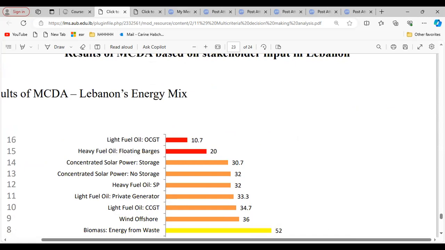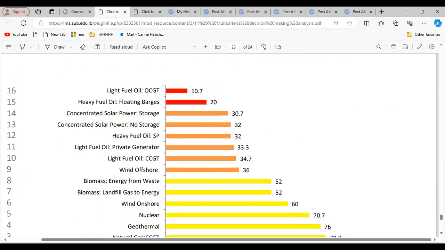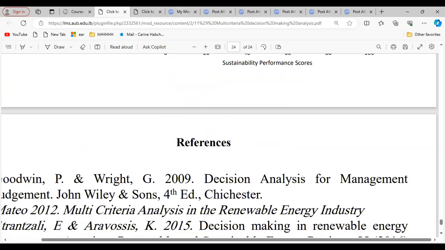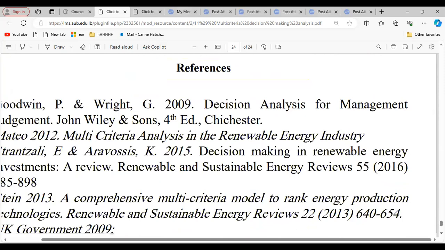Okay, here we can see, for example, a comparison of the sustainability performance scores for different methods.